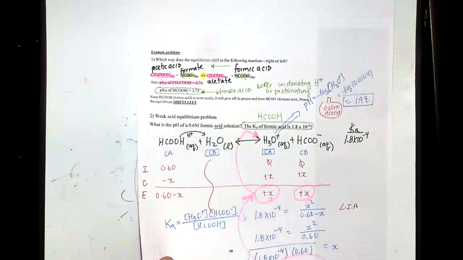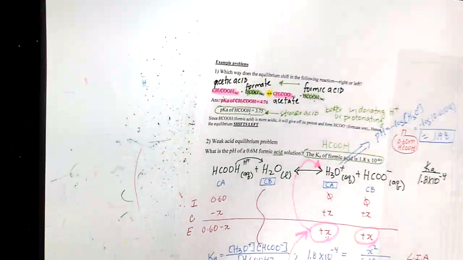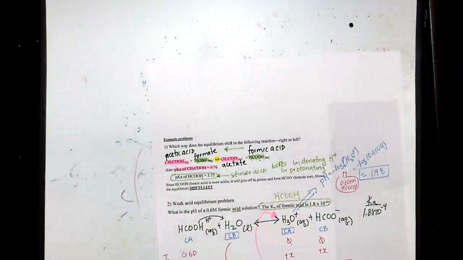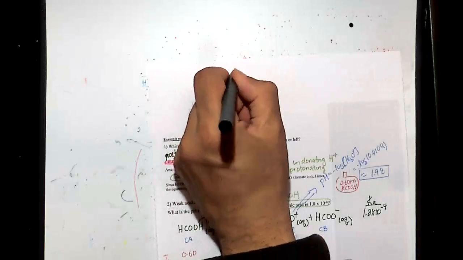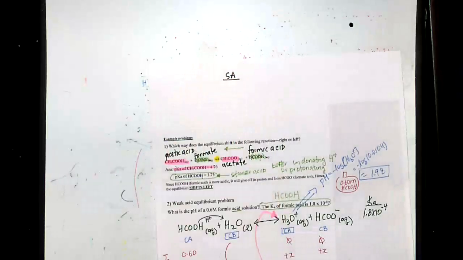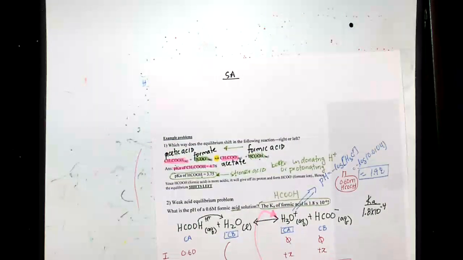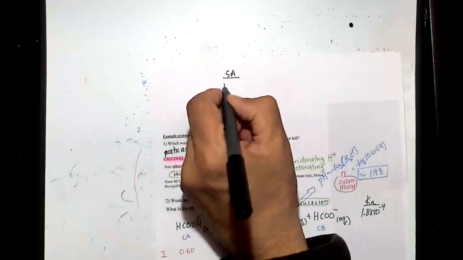What if it's a strong acid? Okay, what will you do? Plug it into the pH. Okay, what are our strong acids? Nitric acid. Very good. So here, no ice table, just plug it in. What is it?